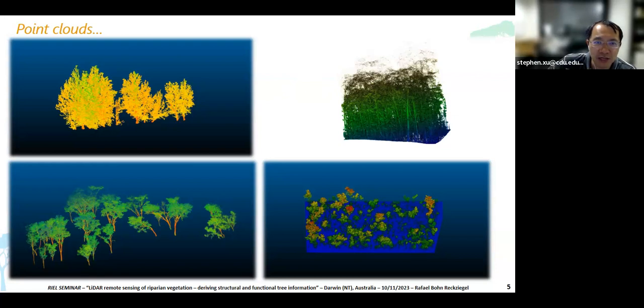But whether that's related to the density of the laser beams, that's related to the resolution you can reach on smaller plants. I imagine the LiDARs you have been using are designed for forest or bigger structures rather than small structures. For smaller structures, you probably need a much denser laser to achieve that.